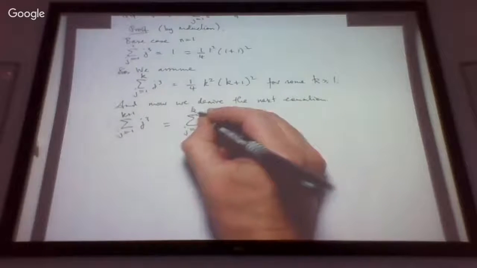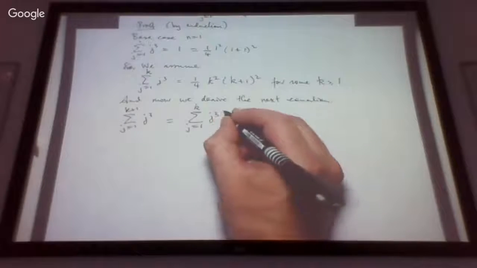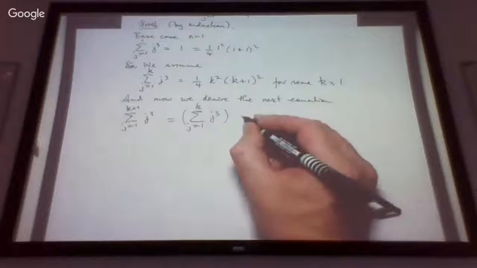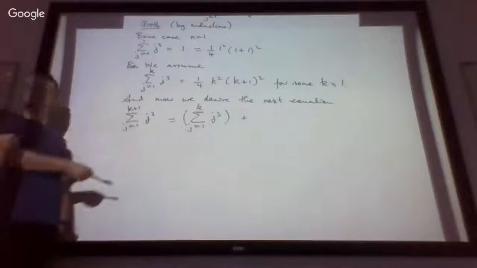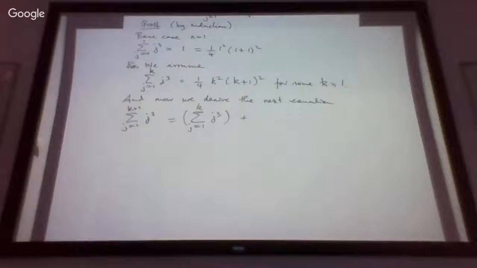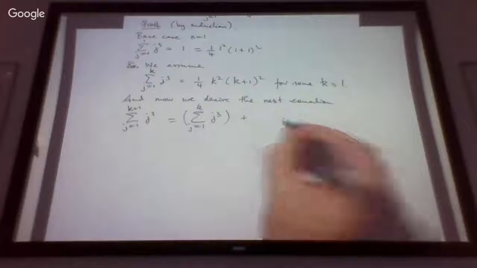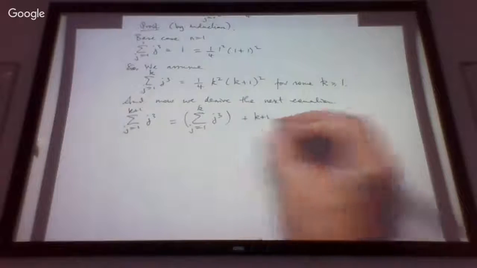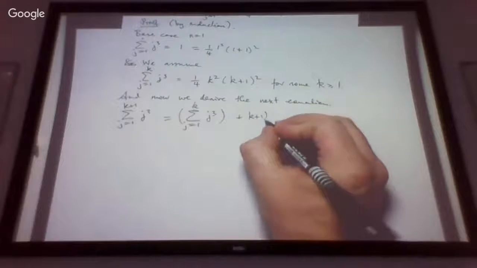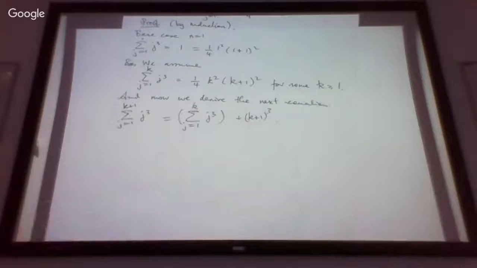So the sum from j equals 1 up to k of j cubed is certainly inside this sum. What's the bit I need to finish it off? K plus 1, all cubed. Not just k plus 1, because we're summing j cubed. So it's k plus 1, all of it cubed.